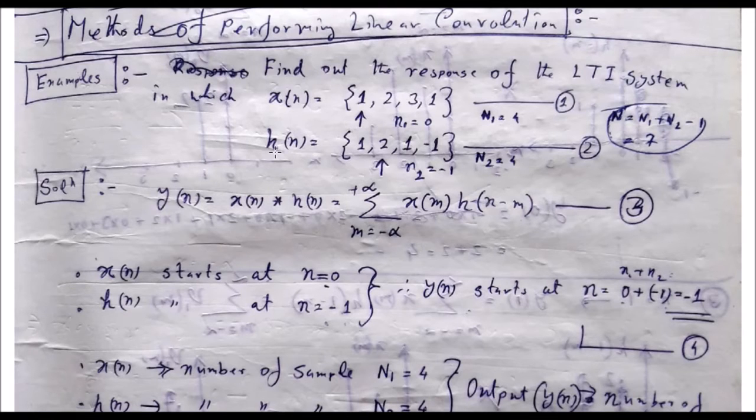The starting time index of the impulse response, the second signal, is n2 equal to minus 1 because its origin is here, that means its starting is at minus 1, and its length is again 4. Now the overall length of the convolution between them should be N1 plus N2 minus 1, that means 4 plus 4 minus 1, that will be 7.